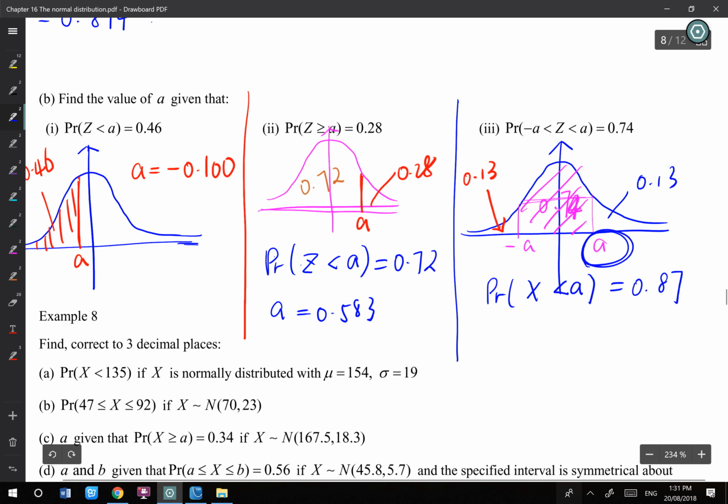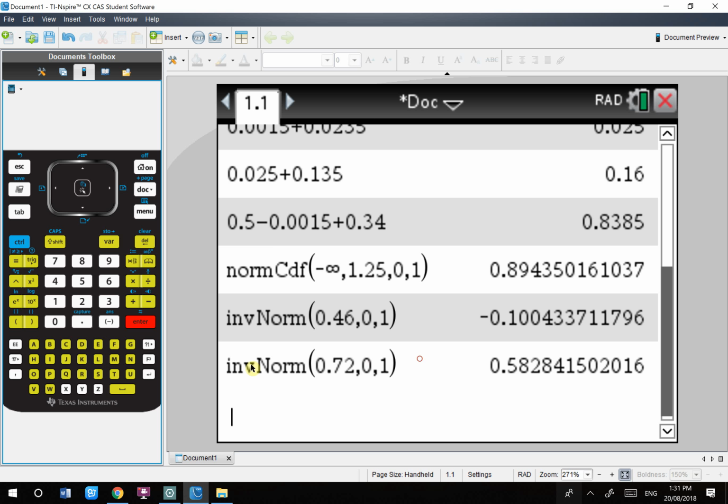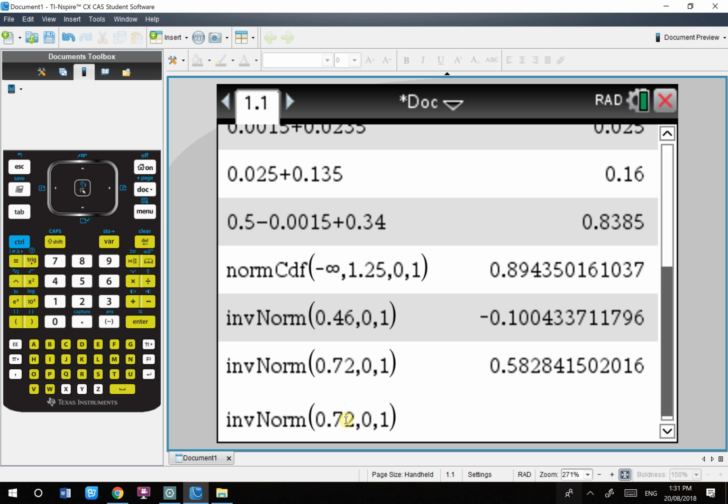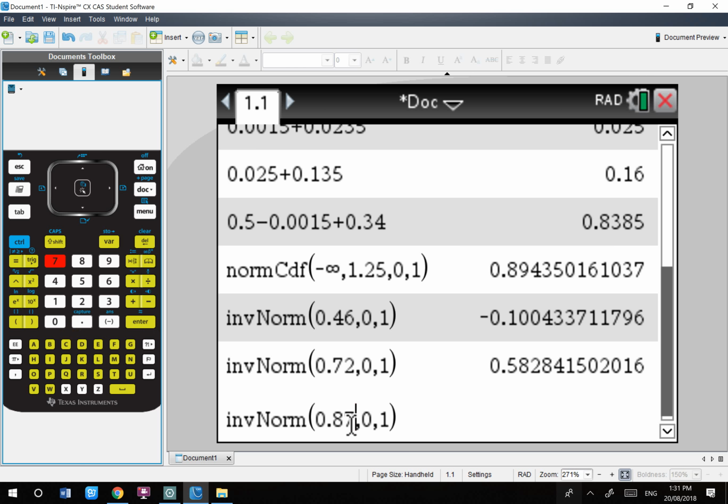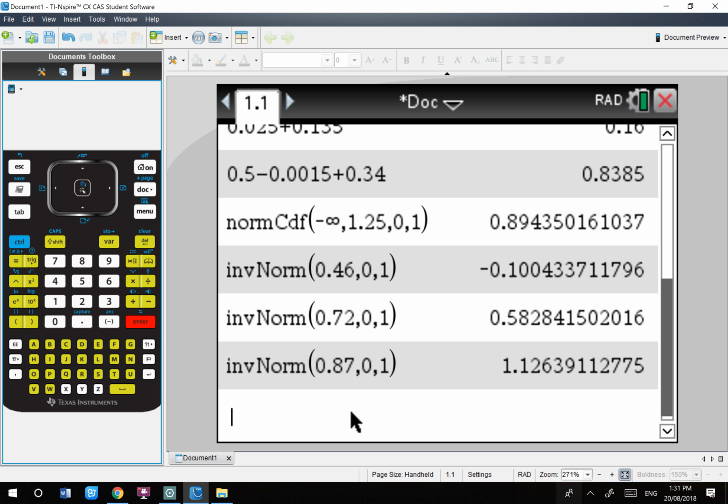You're not interested in negative A actually. You're interested in A. So on the left hand side of A, what's the area? You put that area in. So 0.87. The A value is 1.126.